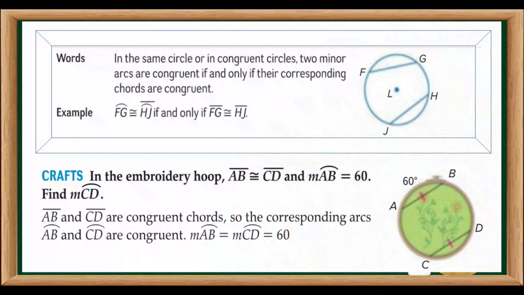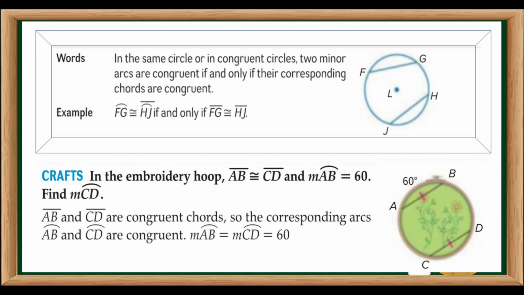Another theorem is, in the same circle or in congruent circles, two minor arcs are congruent if and only if their corresponding chords are congruent. Example, arc FG is congruent to arc HJ if and only if segment FG is congruent to segment HJ.